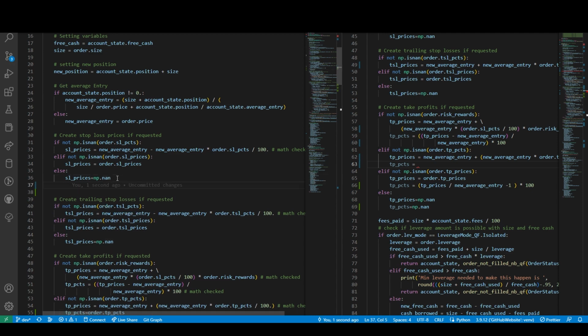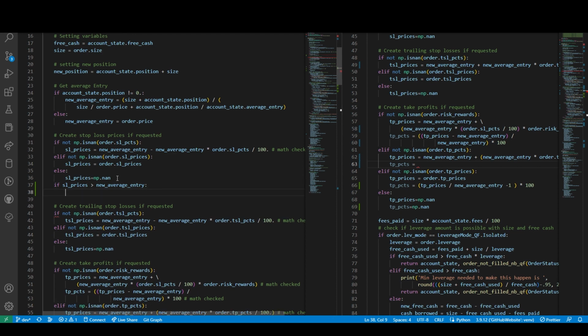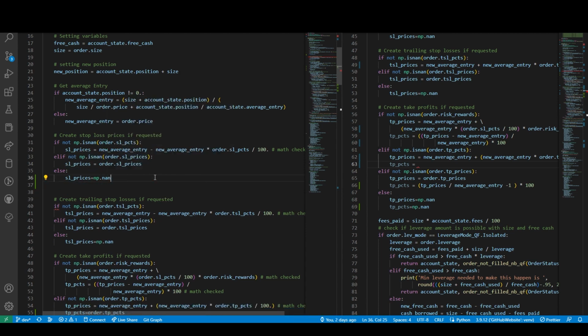Then after this we have to check if stop loss prices is greater than new average entry. Yeah, I guess the only time that that could happen is if they enter their own. Oh. Yeah, the only time that that would be possible would be here.